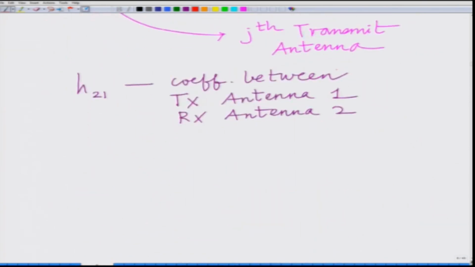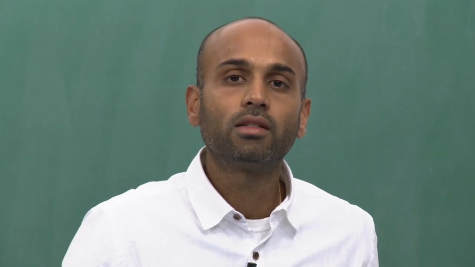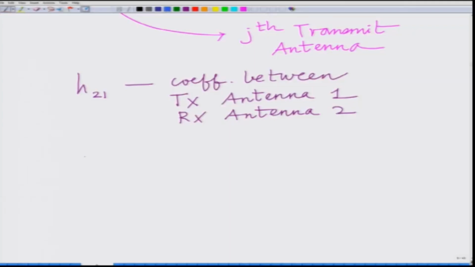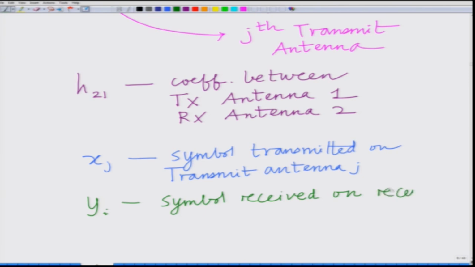So generally speaking, Xj is the symbol that is transmitted on transmit antenna j, and Yi is the symbol that is received on receive antenna i.